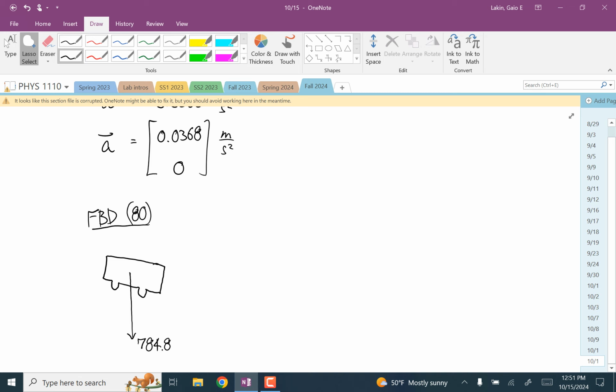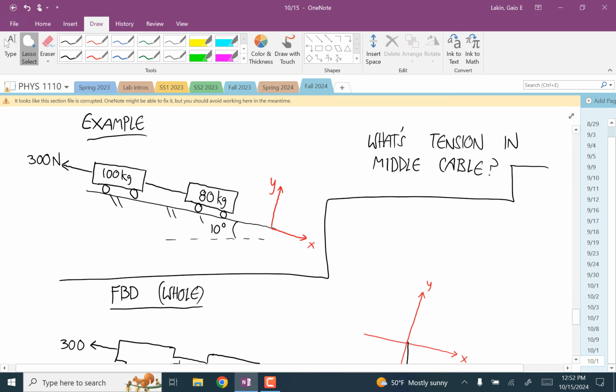Where else are the surroundings making contact with the boundary of the 80 kilogram cart?